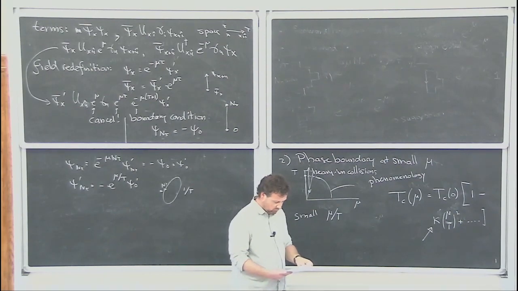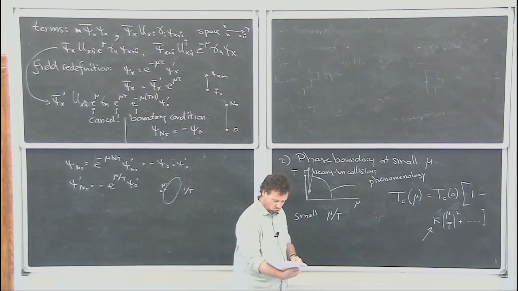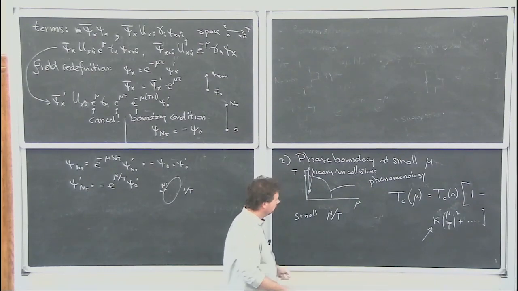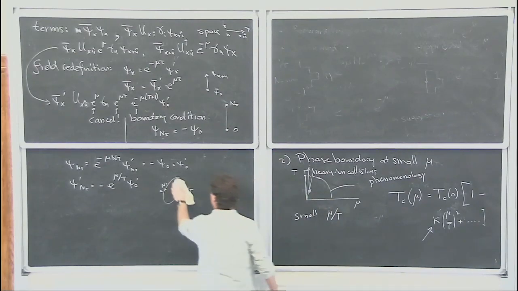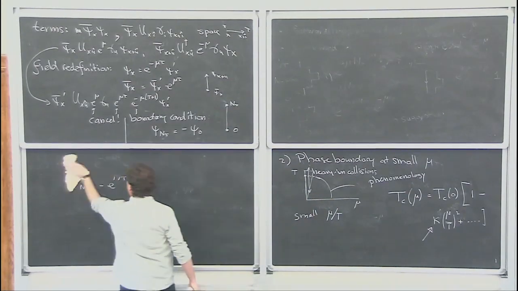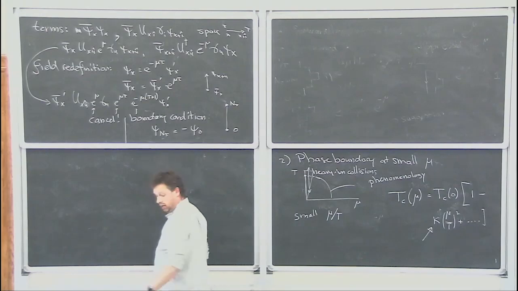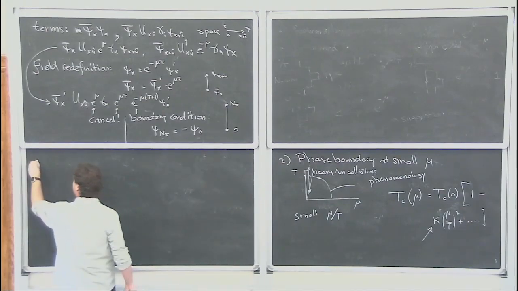So what can we do? I'll discuss three approaches. So the first one is to go back to reweighting.